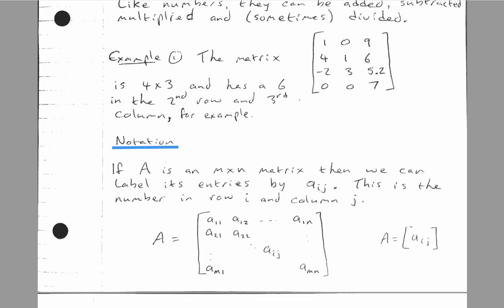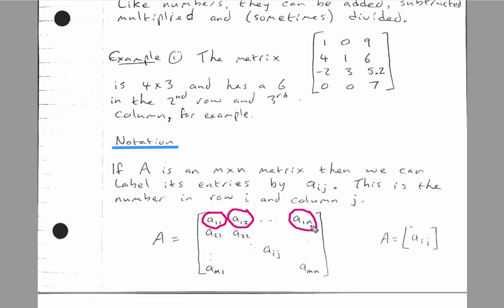So here, the number in row 1 and column 1, that's the top left, that's A sub 1, 1. Row 1, column 2, that's A sub 1, 2. This guy has n columns, so in the top right we have A sub 1n.